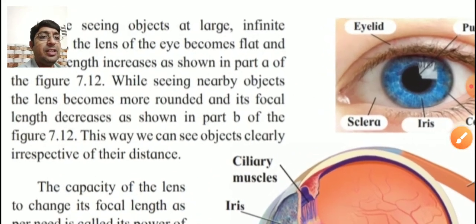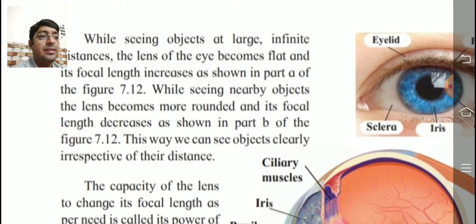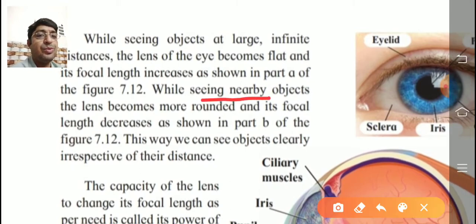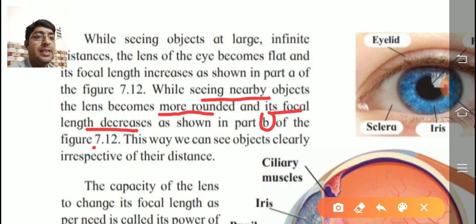While seeing nearby objects, the lens becomes more rounded and its focal length decreases. That is shown in part B of figure 7.12. You check that. This way, we can see objects clearly irrespective of their distances.